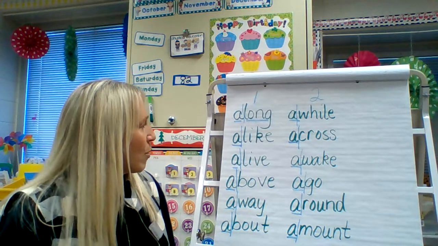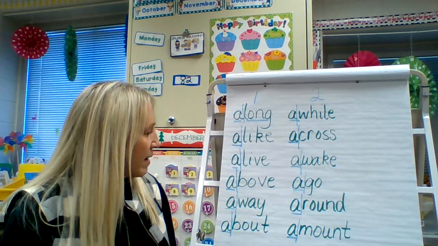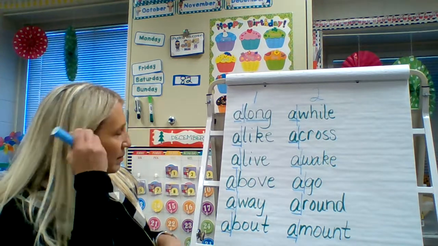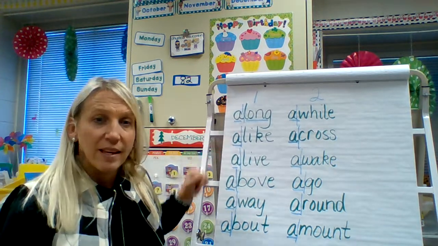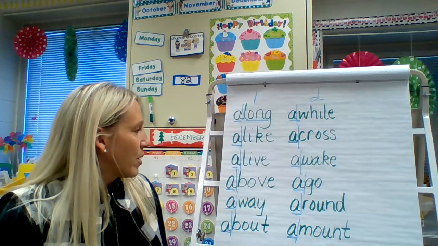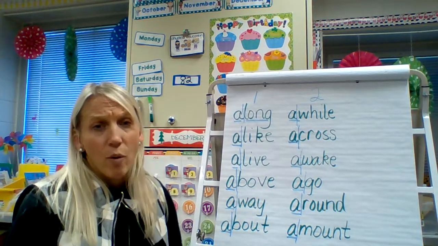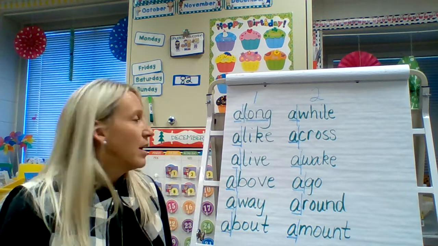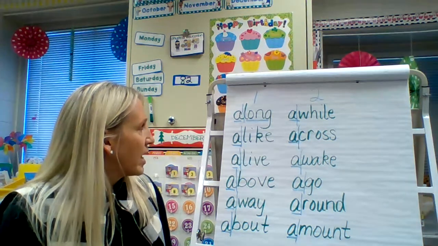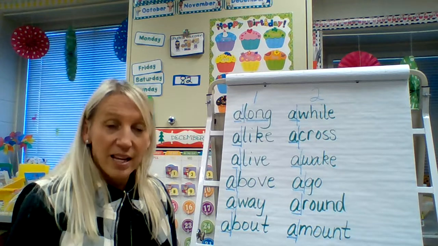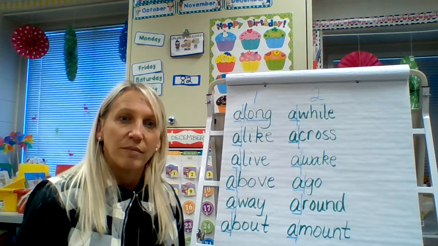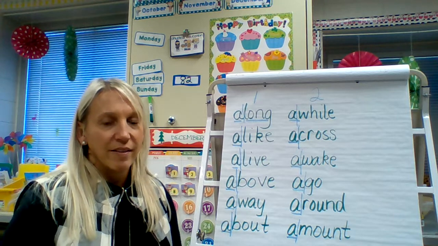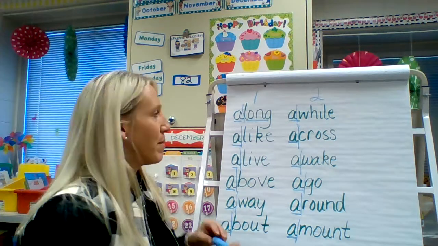I'm looking for a word in column 1 that's a synonym for same. Alike. I'm looking for a word in column 1 that's an antonym for below. Above. I'm looking for a word in column 1 that's an antonym for dead. Alive.